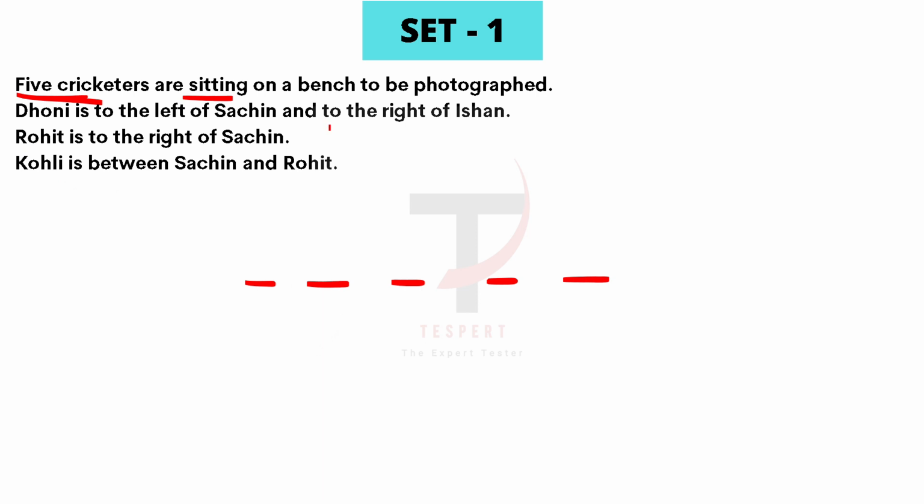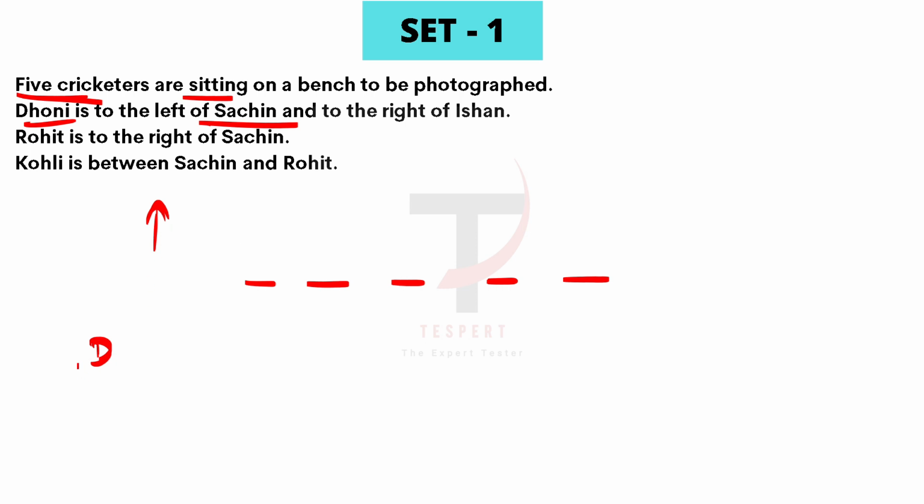If we take the first statement, Dhoni is to the left of Sachin and to the right of Ishan, what does this mean? If we place Dhoni here, Dhoni is to the left of Sachin. I am assuming that all these are facing the north direction.